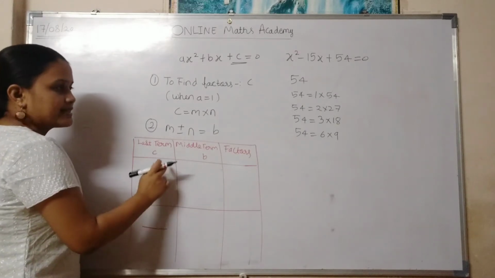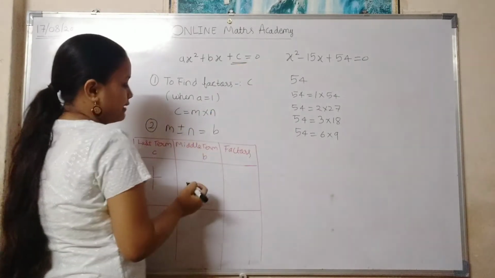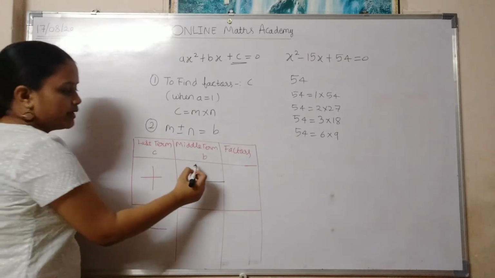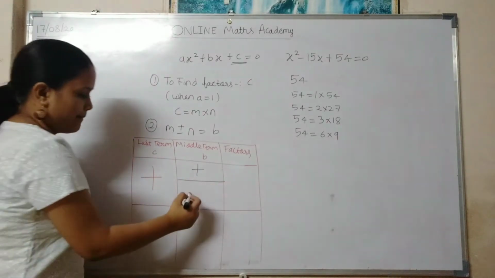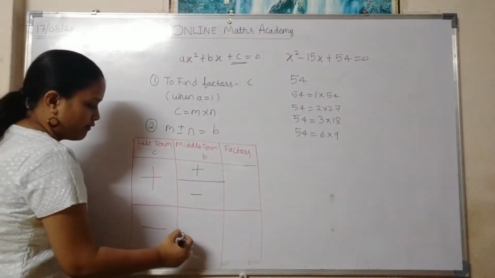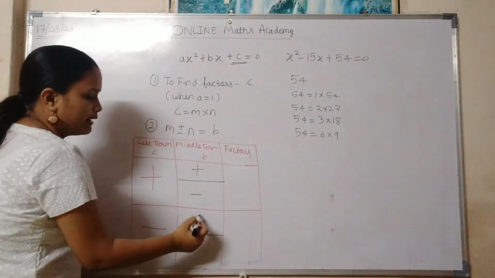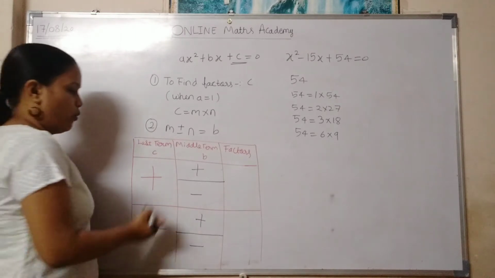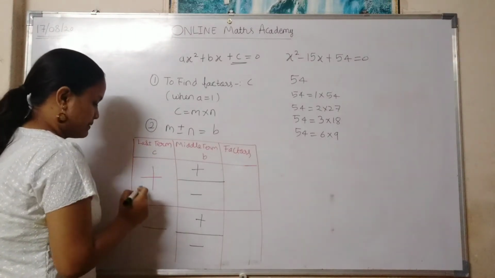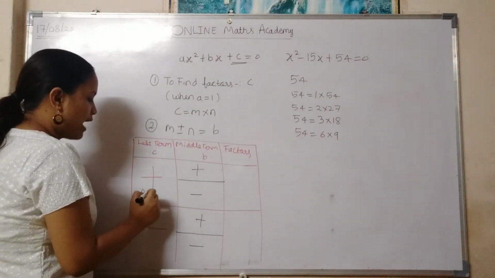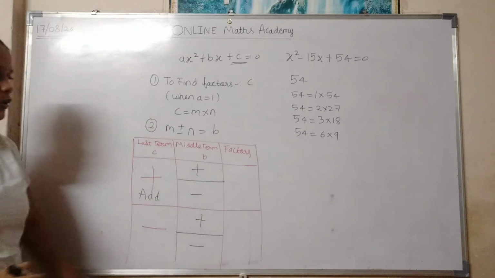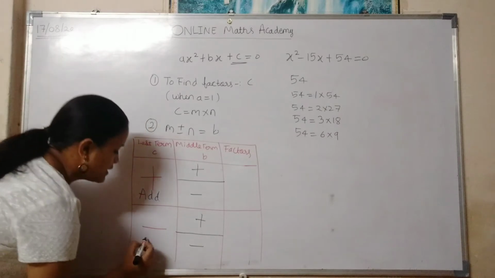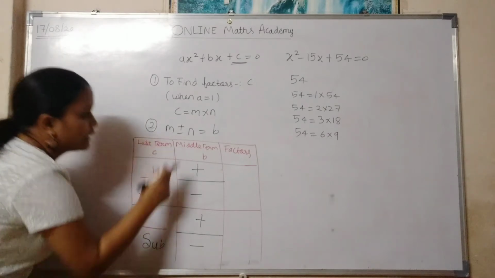Now, when the last term is plus, for example the sum which we are seeing, the condition is that the middle term can be plus or minus. Same way, when the last term is minus, the middle term can be plus or minus. Now, when the last term is plus, then we will add the factors to get b. When the last term is minus, we will subtract the factors to get b.